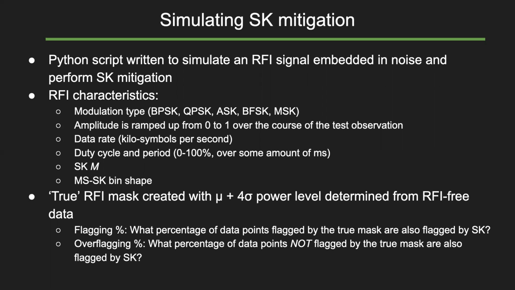So currently I can create RFI with various modulation or encoding types. So that's binary phase shift keying, quaternary phase shift keying, amplitude shift, frequency shift, and minimum shift keying.